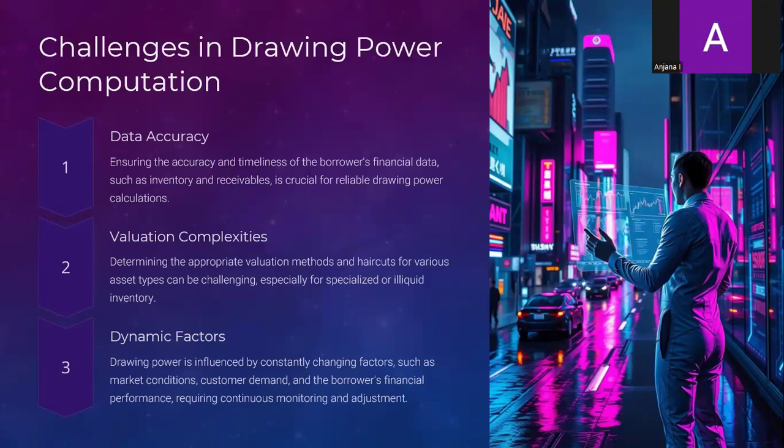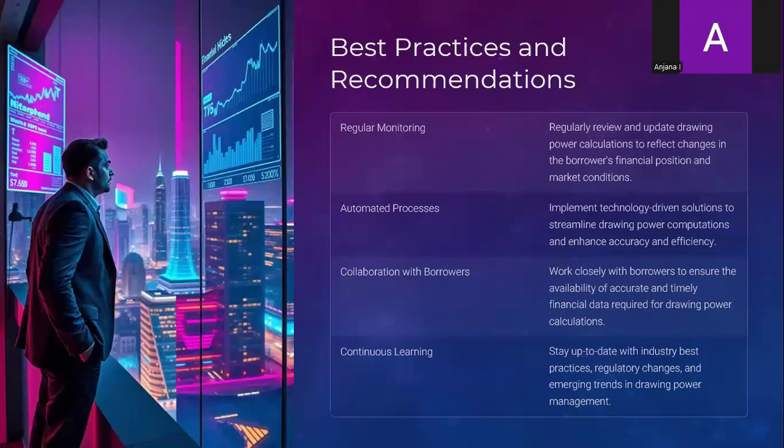Determining the appropriate valuation methods and haircuts for various asset types can be challenging, especially for specialized and illiquid inventories. And drawing power is also influenced by other factors such as market conditions, customer demands, and borrowers' financial performance, requiring continuous monitoring and adjustments.